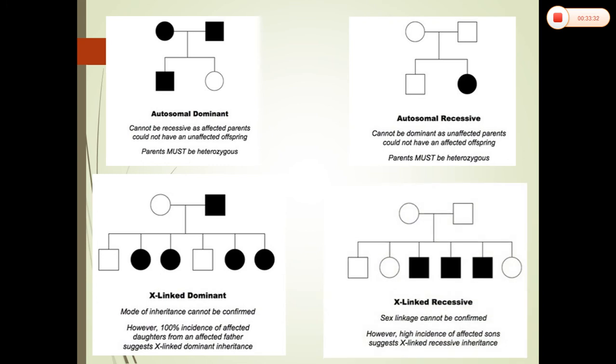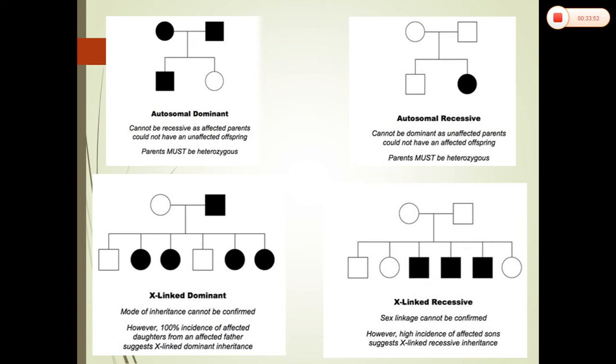Now the next one. Mother is normal, father is also normal. They have 6 kids. The first is a normal son, the second a normal daughter, afterward 3 affected male progenies, and the sixth kid, the sixth daughter, is normal.